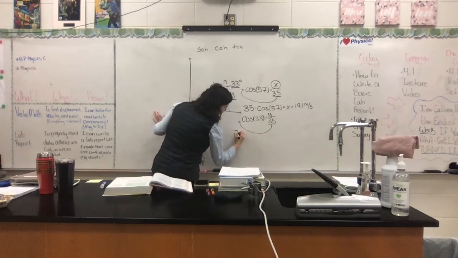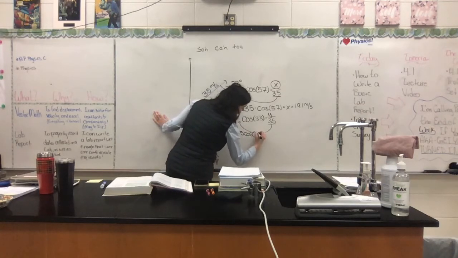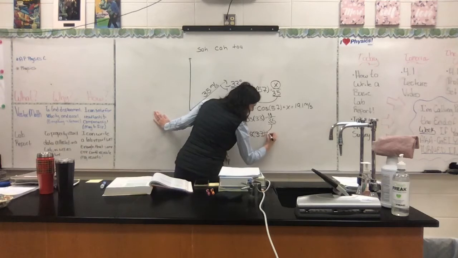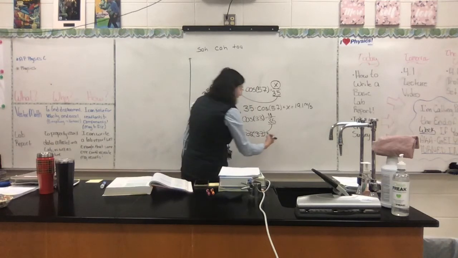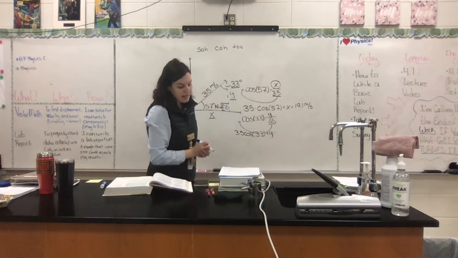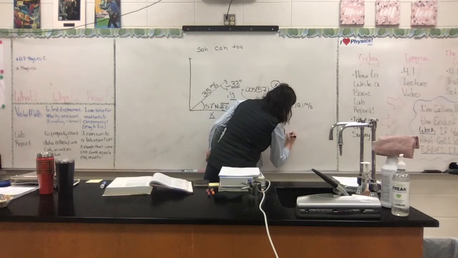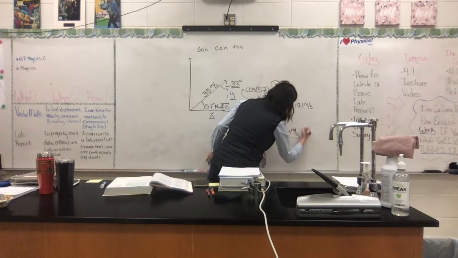So we're going to have 35 times cosine of 33 equals our y, which when we type that in, we will get that y is equal to 29.4 meters per second.